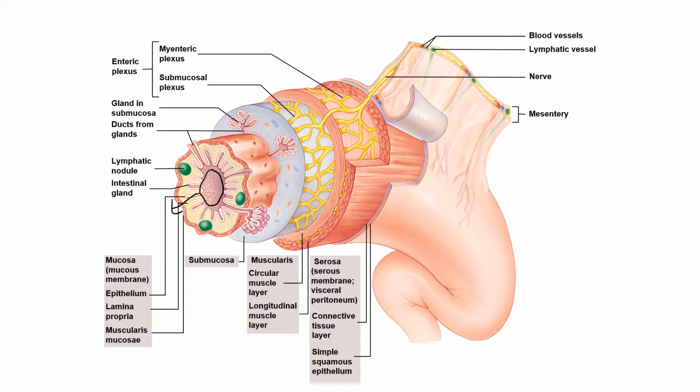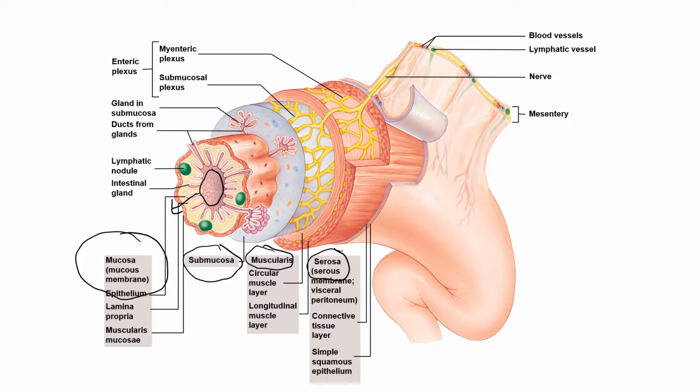The mucosa layer is the most superficial layer, which includes the lining of the lumen. The submucosa layer is below the mucosa. Muscularis externa layer is the layer of muscle, and the deepest layer is the serosa layer.